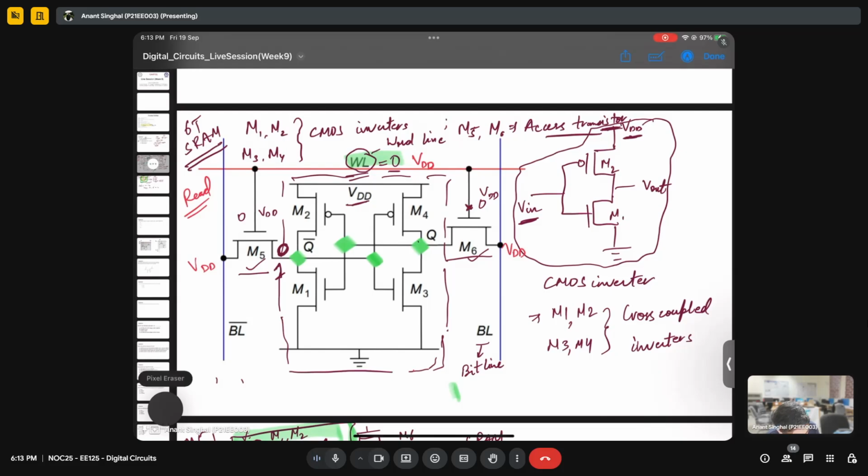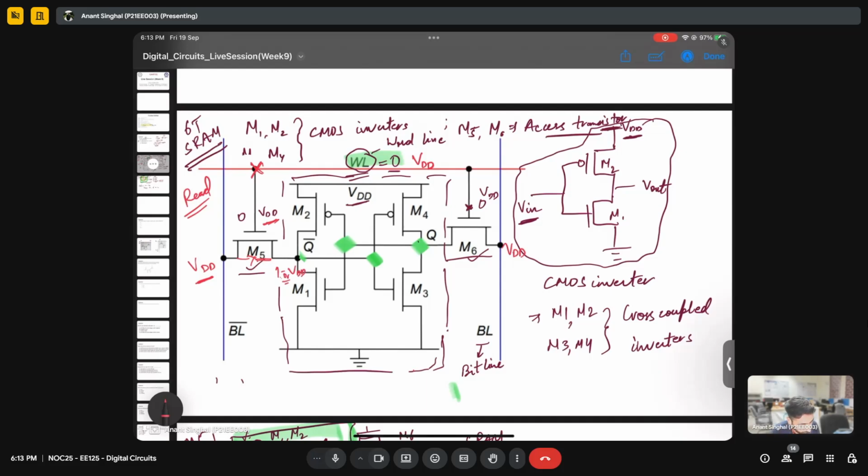Now you see this VDD, which is this connection, is connected to the gate of this NMOS. So what will happen if both are high? This transistor will act like a short circuit, right? So we have a high or VDD here.